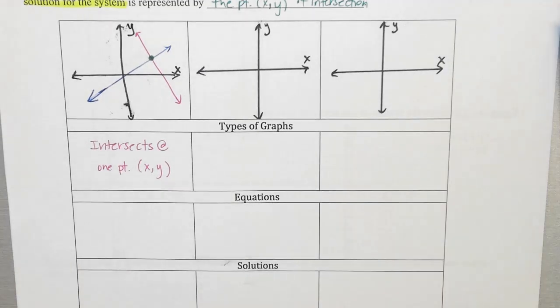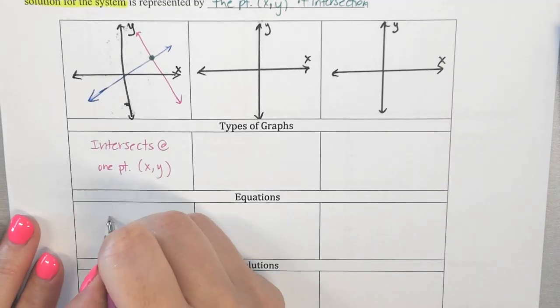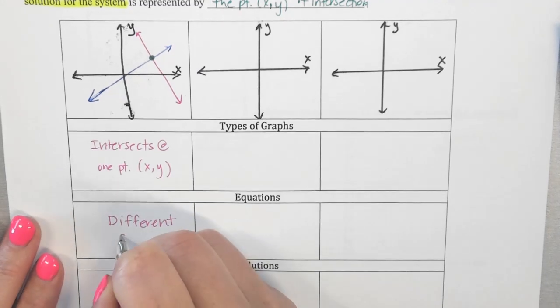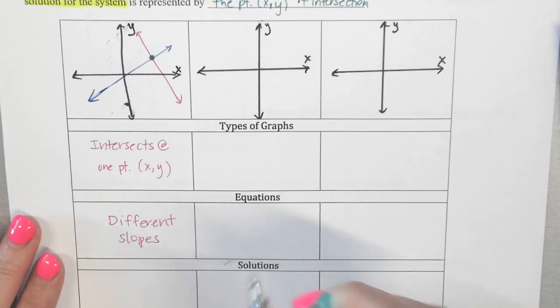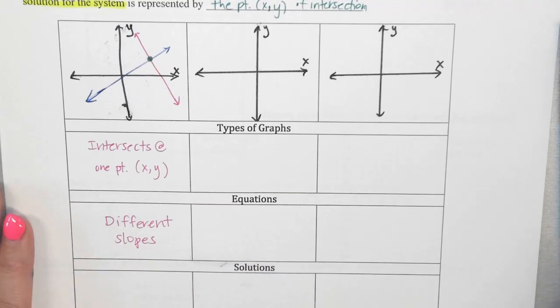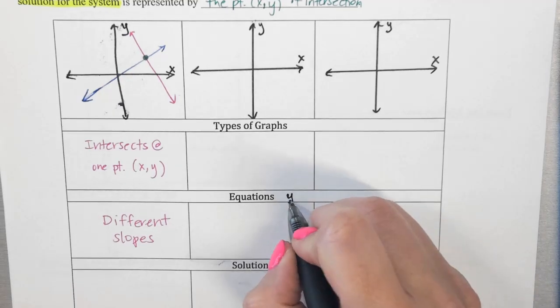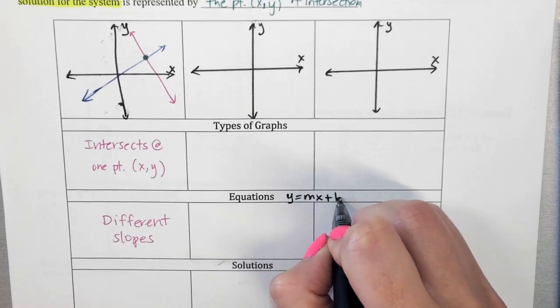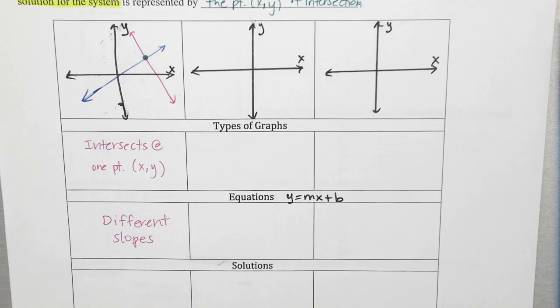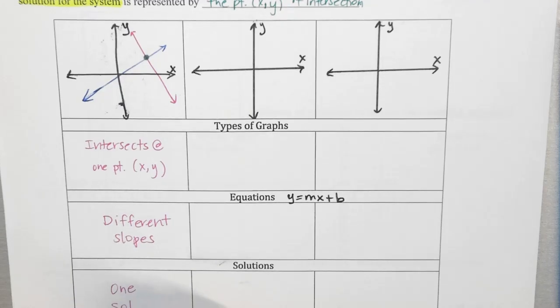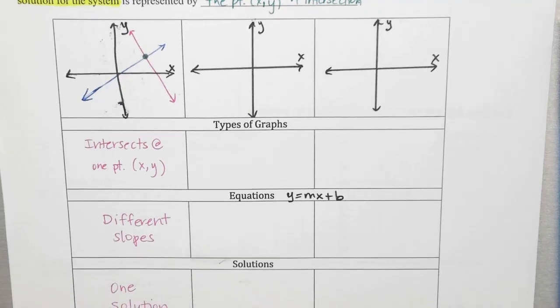Okay, so when it intersects in one point, that means you are going to have different slopes. So if you examine the equation, which remember our equations are going to be in the form y equals mx plus b, we are going to have linear equations here. And if they cross, it's going to be one solution.